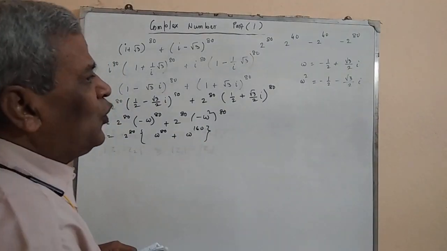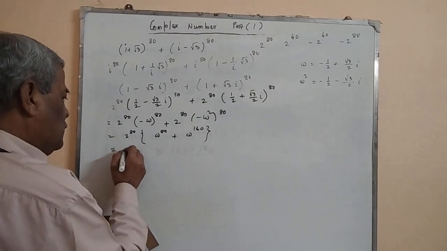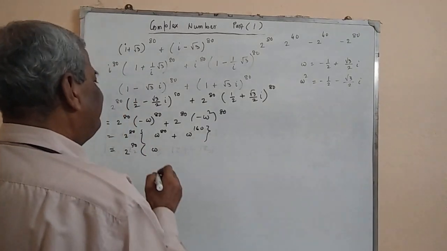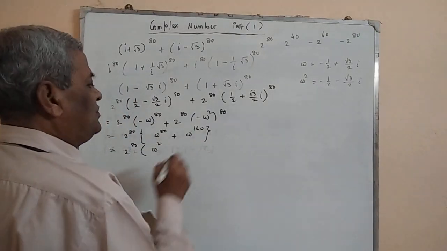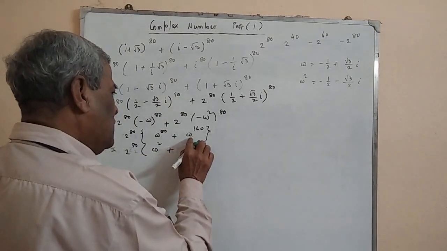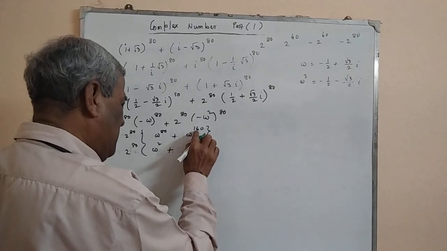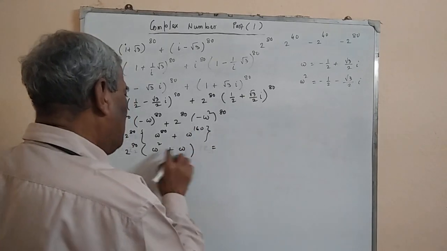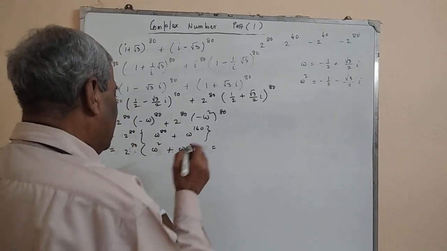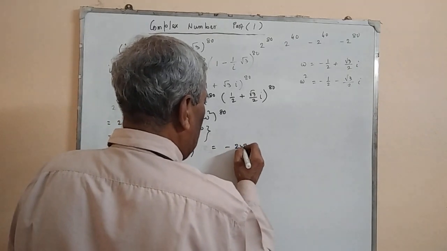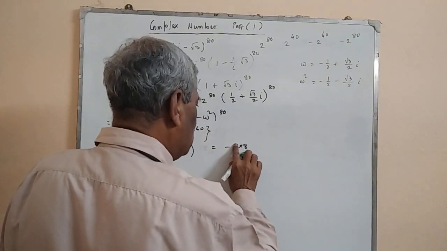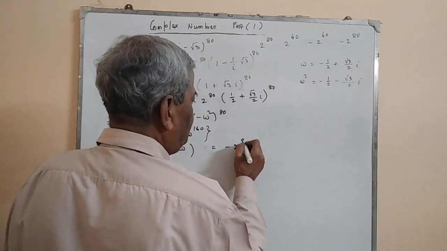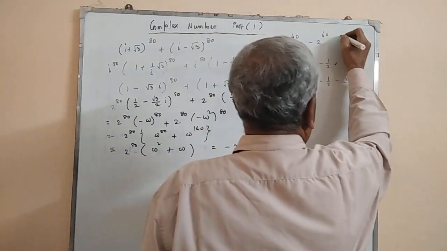Now considering omega cube equal to 1, this is 2 to the power 80 into omega plus omega square. Since omega plus omega square is equal to minus 1, this is minus 2 to the power 80. And option D is correct.